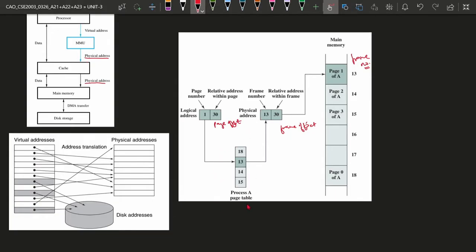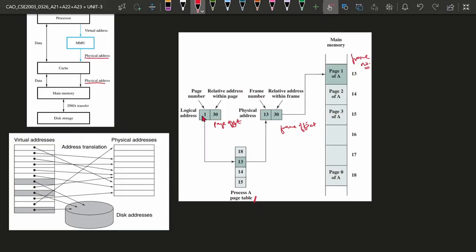We are having a page table. So each process will have its page table. So if process 1 or process A is there, process A has a page table.